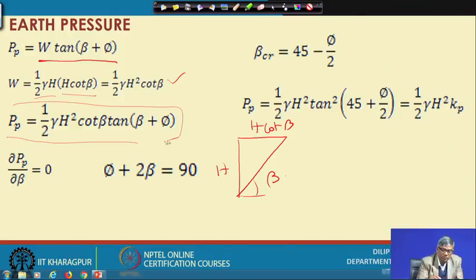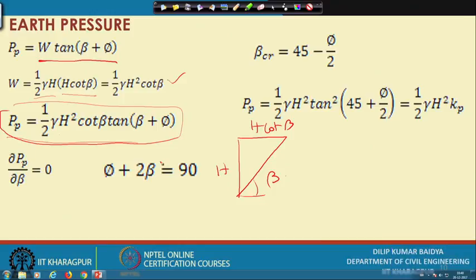This is the expression for Pp, which has a half gamma h squared cot beta tan beta plus phi. So, beta and phi. Phi is known for the soil, but beta is unknown, so we need to find the value of beta.